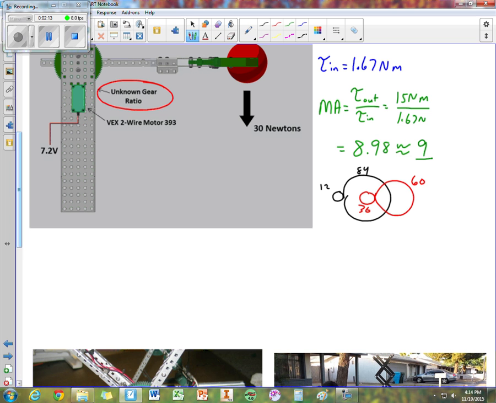That mechanical advantage would be 84 over 12 times 60 over 36, which would equal right around 11. I think it's like 11.7. So that would give us plenty of mechanical advantage with some extra to spare.